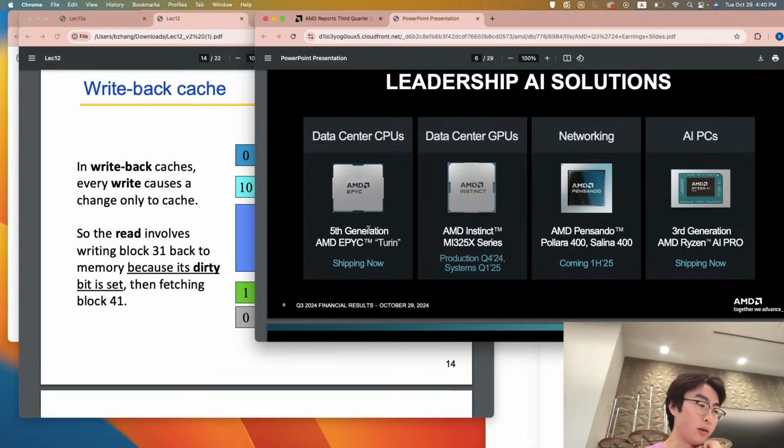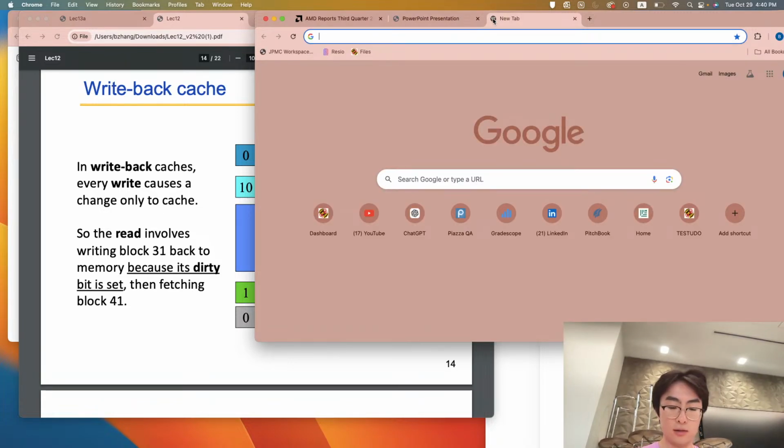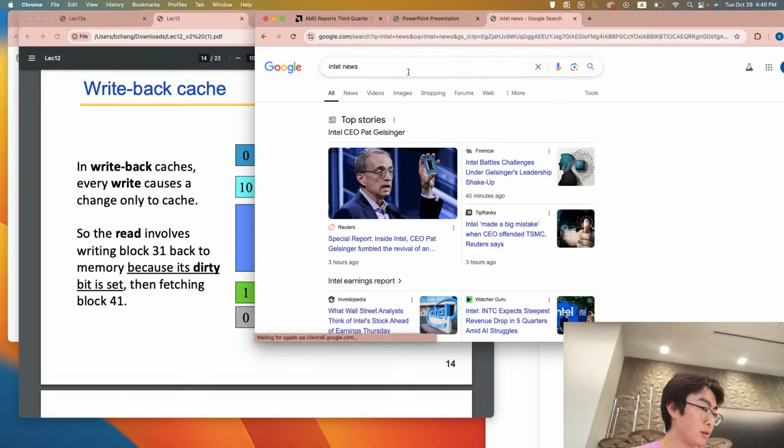I think they have some pretty strong competitive positioning here because they're offering a CPU and a GPU itself. I think Intel just has their Gaudi 3, and it's not really a big complement with the Xeon processors. Let's see. Intel News.